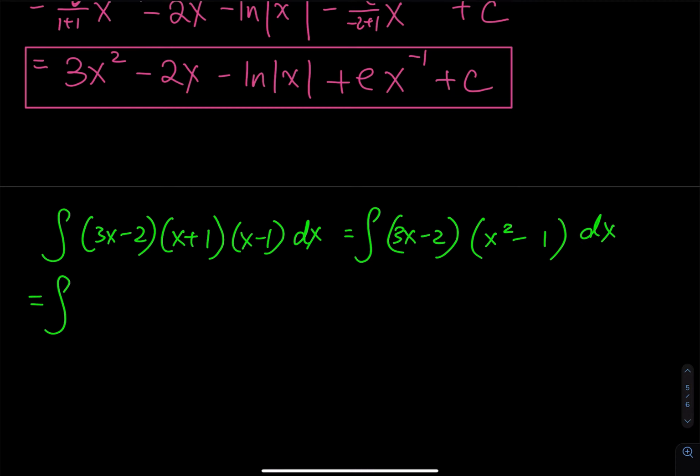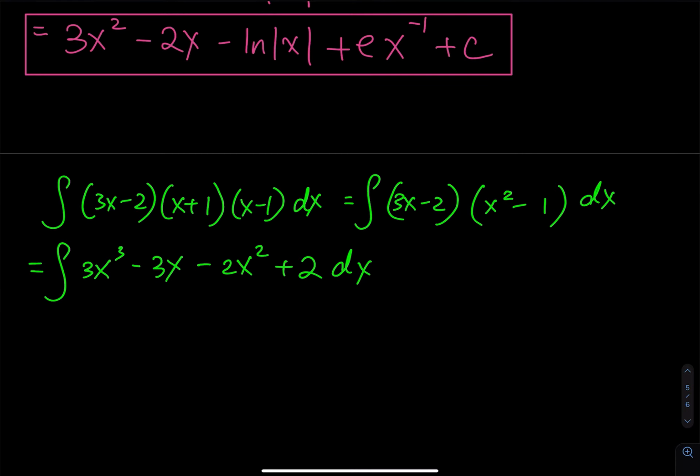And then you open up these 2. So 3x squared times x squared, you have 3x to the third, and then 3x squared times negative 1, and then negative 2 times x squared, and then negative 2 times negative 1, that is a positive 2, dx, right? So 3x to the third minus 3x minus 2x squared plus 2, and then you are going to start using the simple power rule.